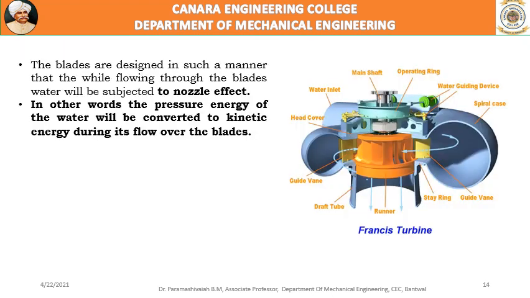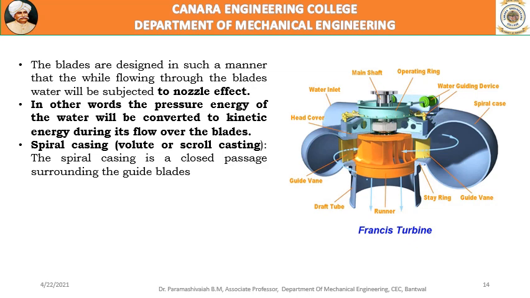Here this image depicts, as I told earlier, the axis is vertical and the mounting is horizontal. The blades are designed in such a manner that while flowing through the blades, water will be subjected to the nozzle effect. Nozzle effect means as the water flows along the guide blades, the area of flow goes on reducing.